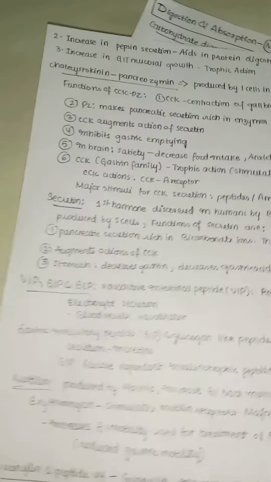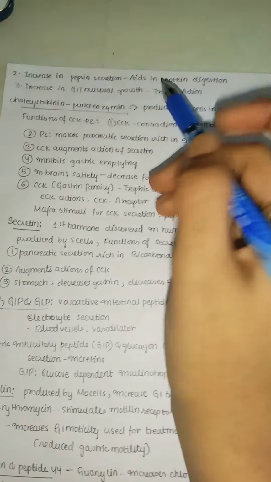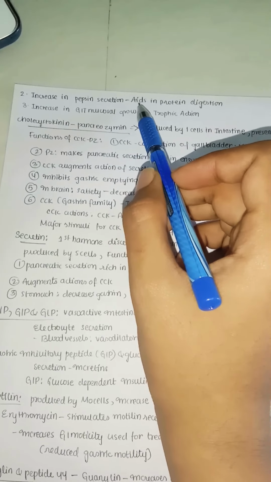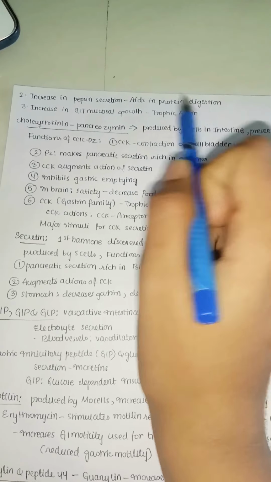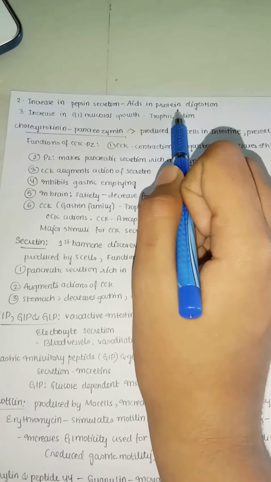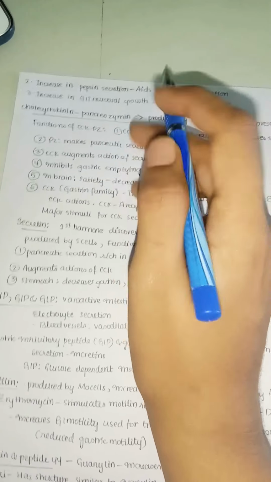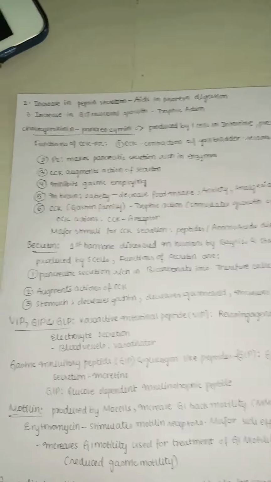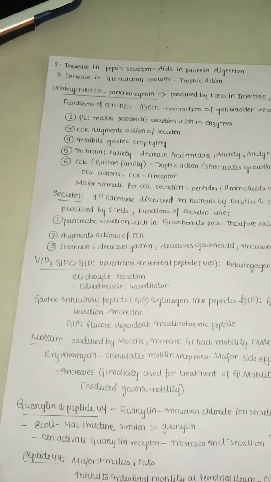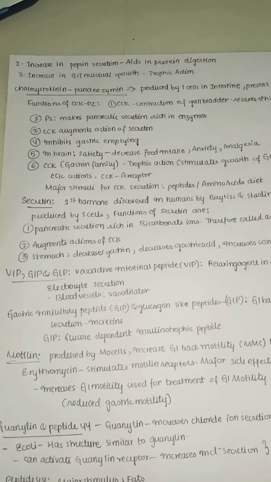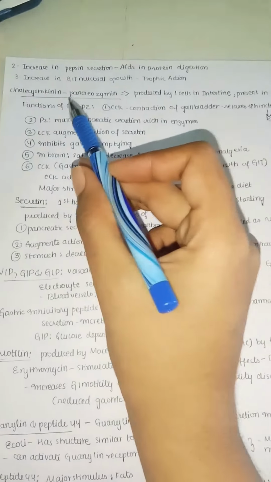There is also an increase in pepsin secretion, which aids in protein digestion. You know, pepsin is used for protein digestion in the stomach. And also there is an increase in GIT mucosal growth, that is a trophic action, meaning there is growth in the mucosa cells of the GIT.